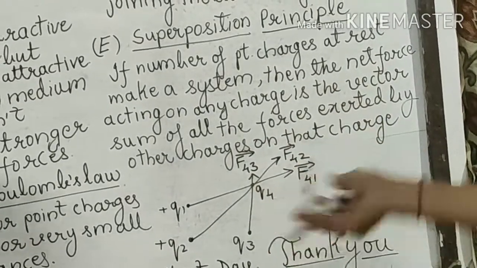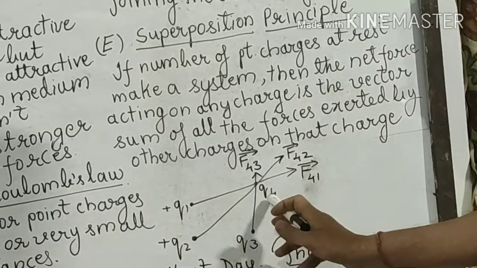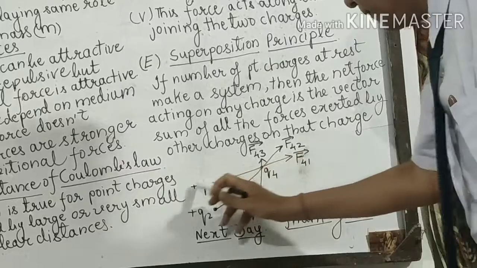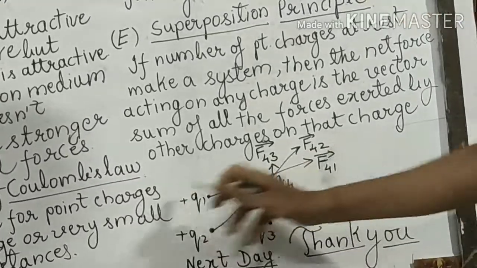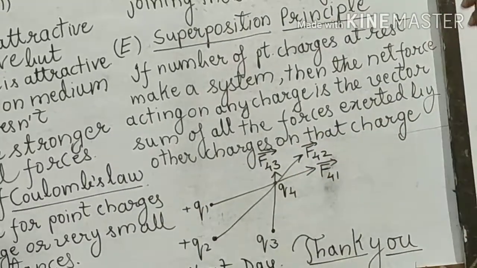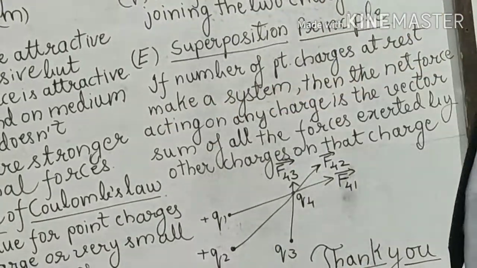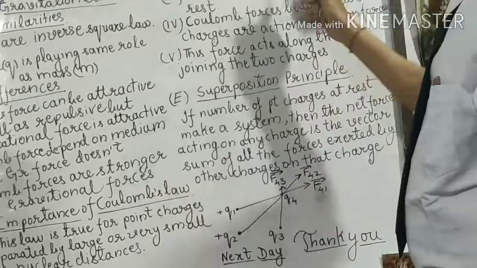At the same time, that same force will be exerted by Q4 on Q1, along the same line. That is called the line of interaction. These five are the important properties of Coulomb's law, very important.